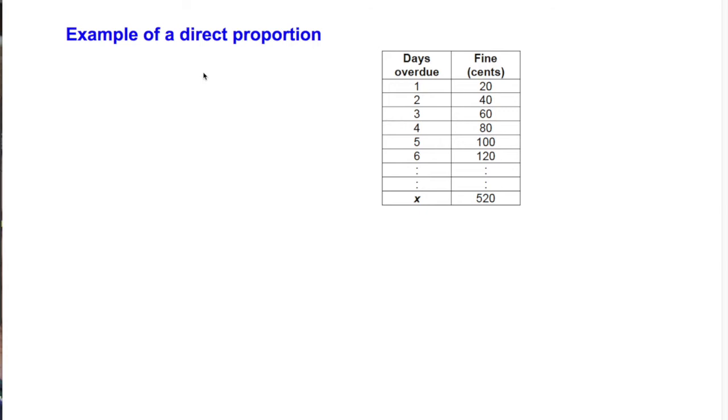We can now find an unknown value, x, by forming two corresponding ratios, such as 2 over x, which will be equal to 40 over 520.